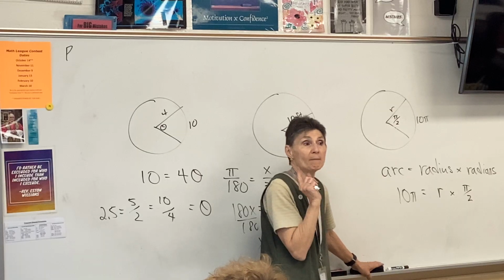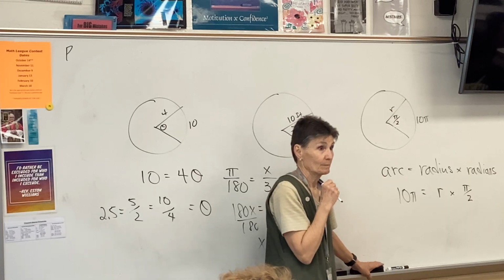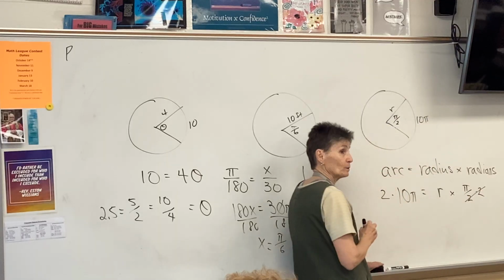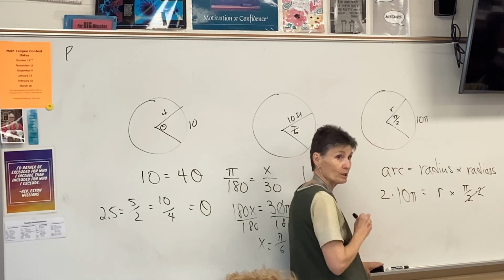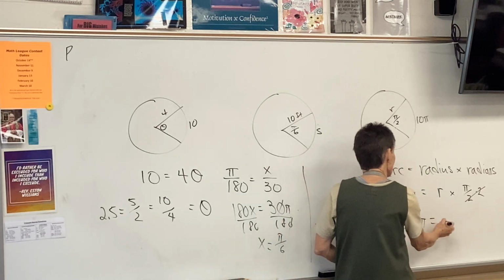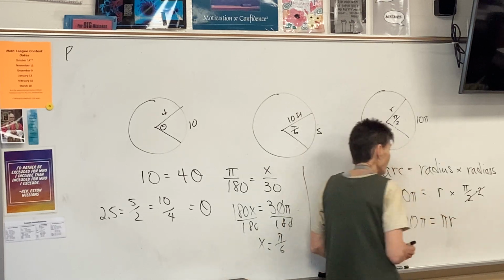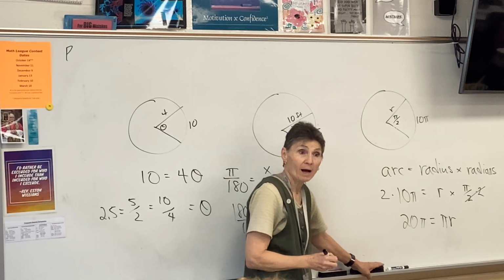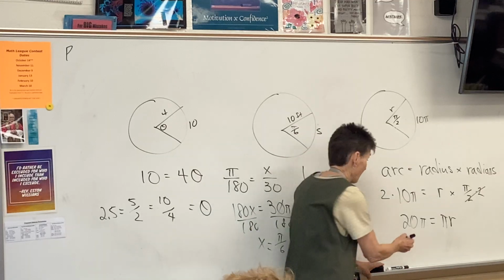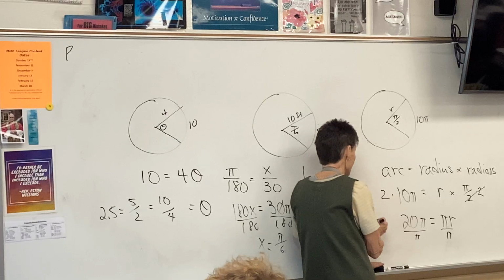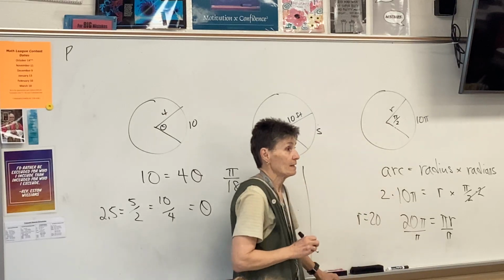Let's multiply by 2, because that will take care of that fraction. So 20 pi equals pi times r. I'll divide by pi. And it looks like r equals 20.